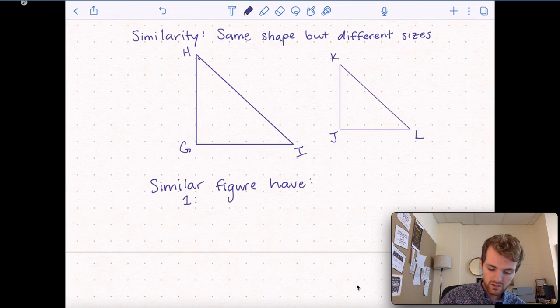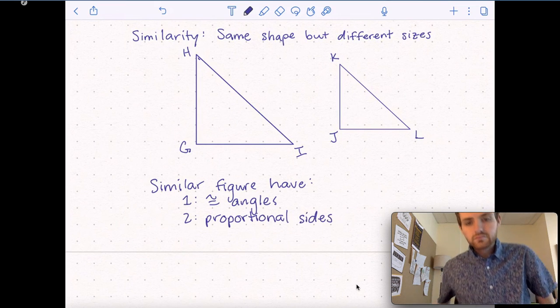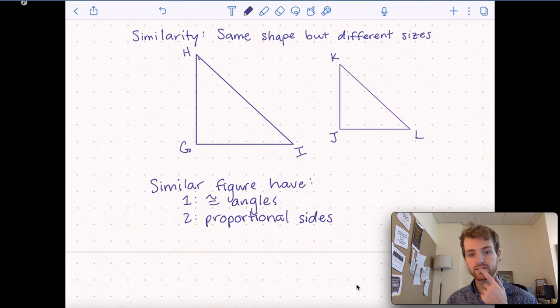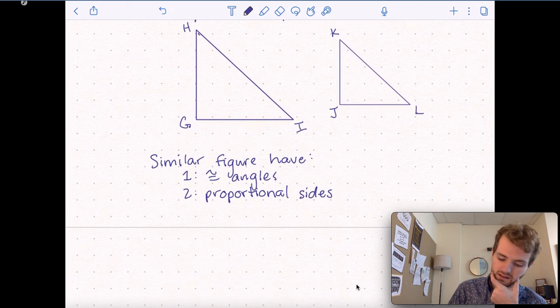Congruent angles, so that's the same as congruence, but they have proportional sides. We're not looking for congruent sides here, we're looking for proportional sides. If we have those two things, then we can write a similarity statement.